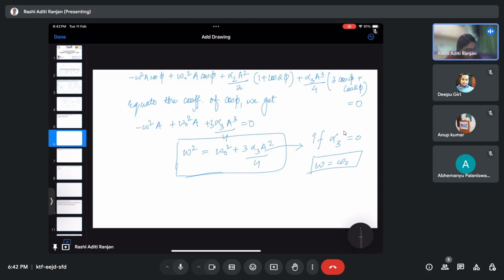So from here we get that the frequency of oscillation omega depends on the amplitude of oscillation.